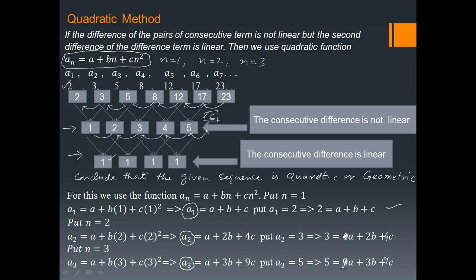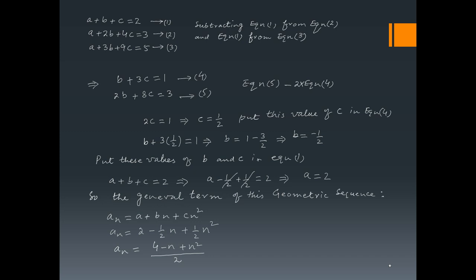So 5 is equal to a plus 3b plus 9c. So we are getting these three equations. First is a plus b plus c is equal to 2. Second, a plus 2b plus 4c is equal to 3. And the third one is a plus 3b plus 9c is equal to 5.